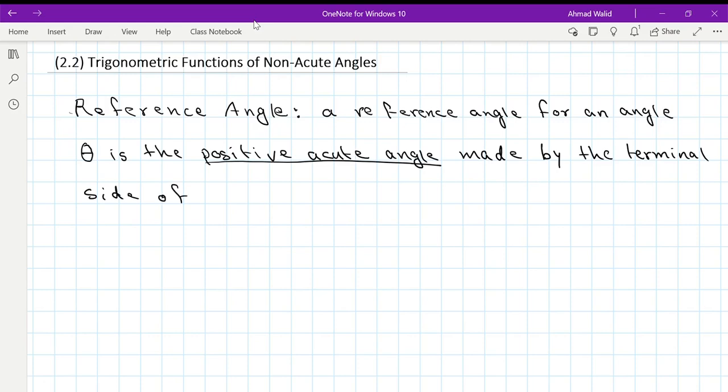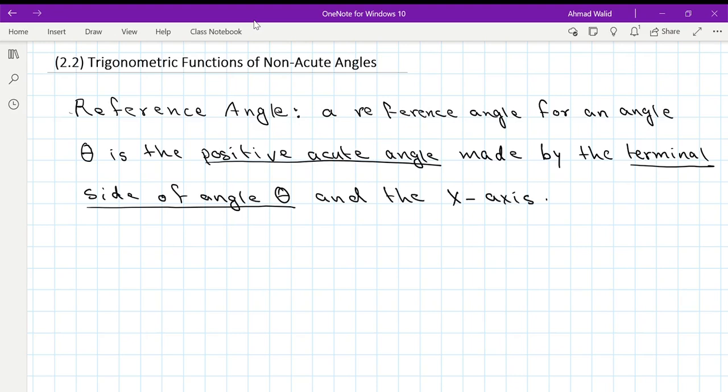This is important, terminal side of angle theta and the x-axis. Correct? This one is also important.